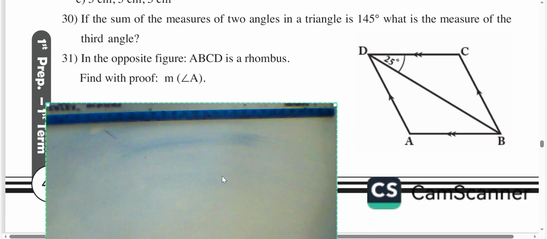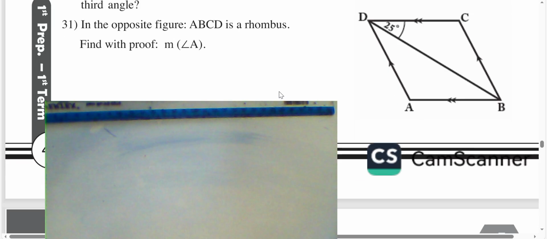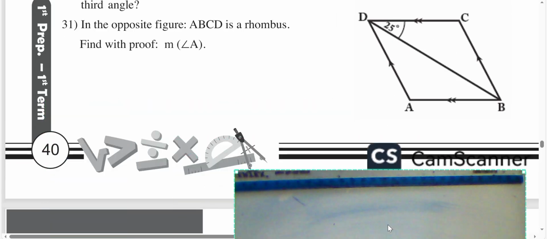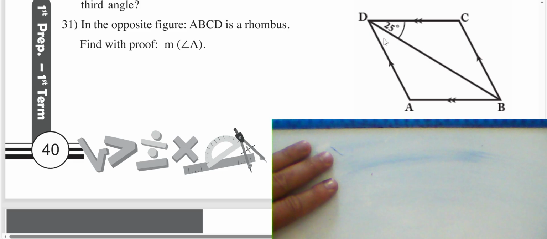Next question here. In the opposite figure, ABCD is a rhombus, prove the measure of angle A. Okay, we can find the measure of angle A like this. We know the diagonal bisects the vertex angle of a rhombus. Then the measure of angle D equals 50 degrees.